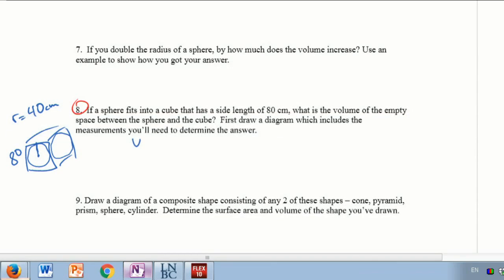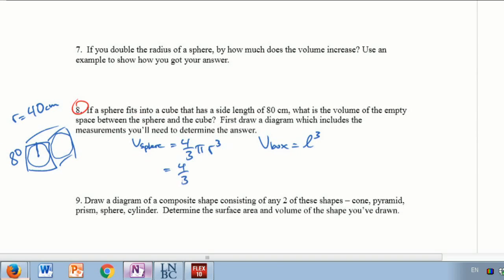So the volume of a sphere is 4/3 pi r cubed, and the volume of our box is going to be length times width times height, or just length cubed, because in this case it's a cube.